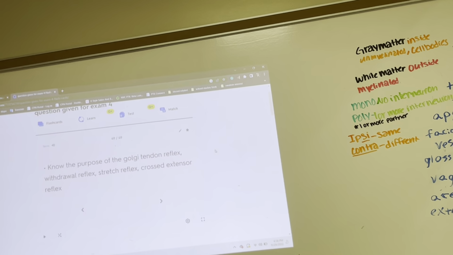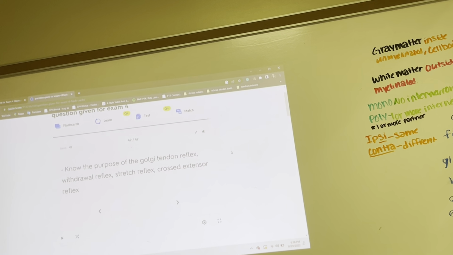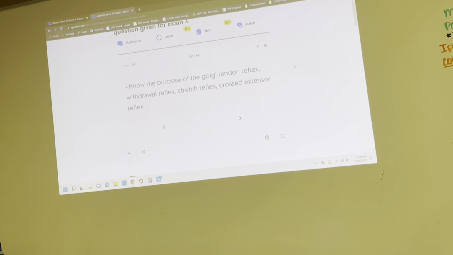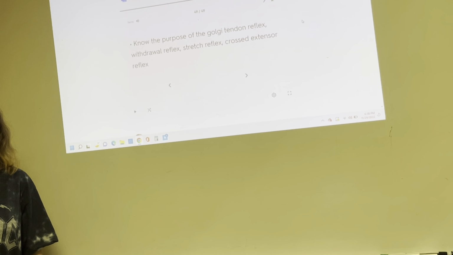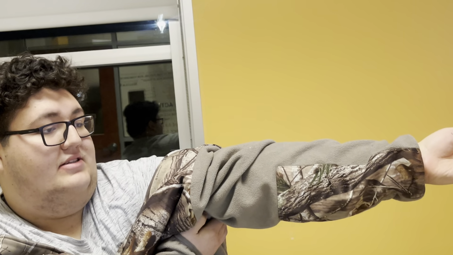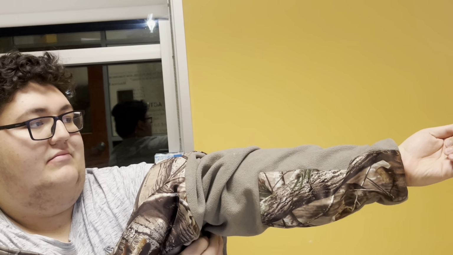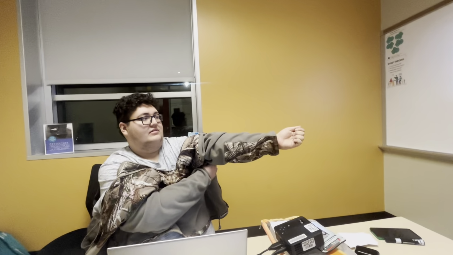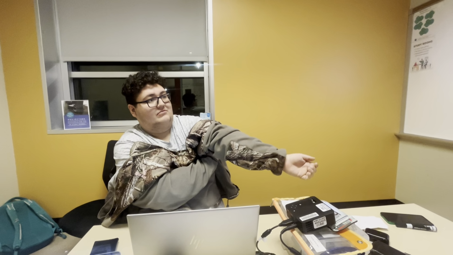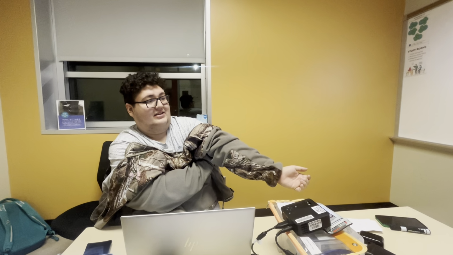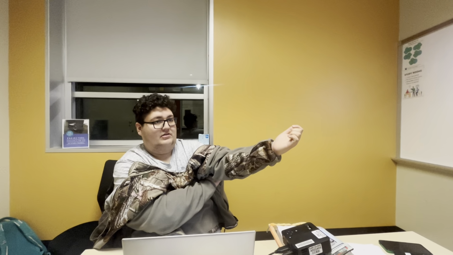Was that all of them? I think the stretch reflex is missing. So I can explain that if you'd like. Yes. Stretch reflex will be done by my assistant Jared. Okay, so if your arm is out too far and you're hyperextending, or for whatever reason there is a stimulus to a muscle that will make it think that it's hyperextending, it's going to automatically flex back.